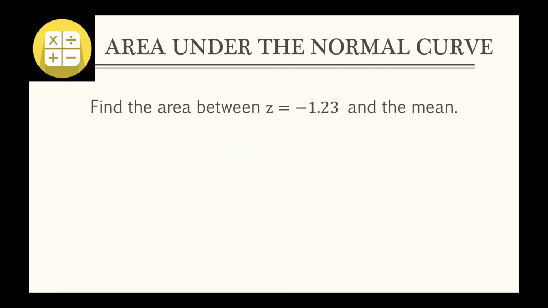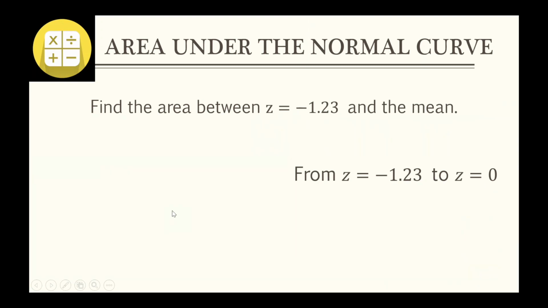Example number 2. Find the area between z equals negative 1.23 and the mean. The mean is located at the center of the curve, which is equal to 0. Meaning, we're going to find the area from z equals negative 1.23 to z equals 0.